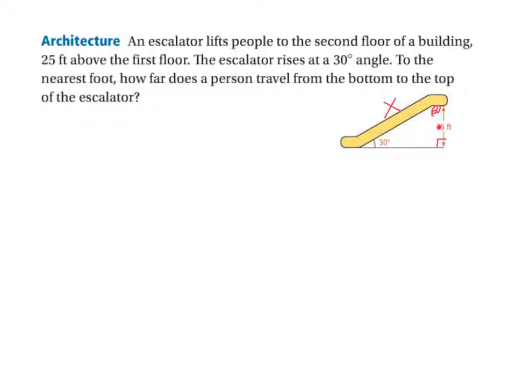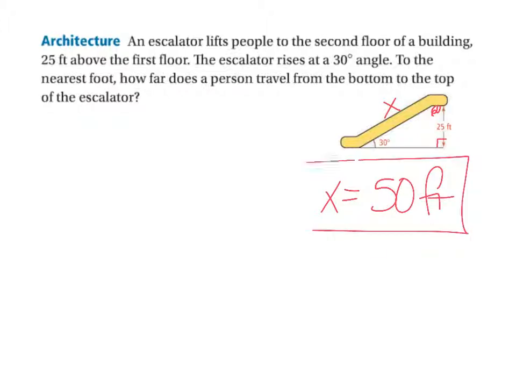At the short leg, I want to know the hypotenuse. What do you have to do to the short leg to get to the hypotenuse? You've got to double it. It's times 2. So x is going to equal 50, and that's measured in feet also. That's how far you'd go up the escalator.